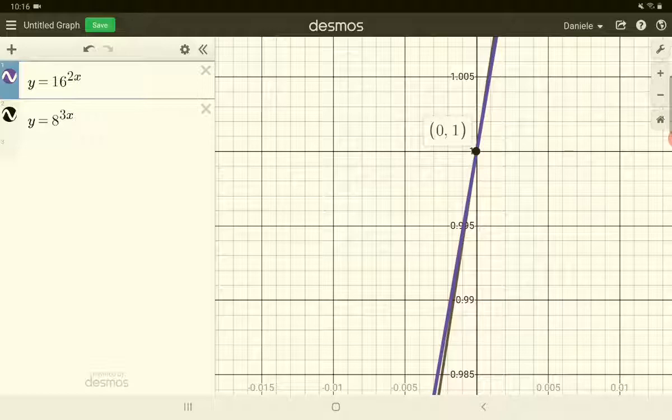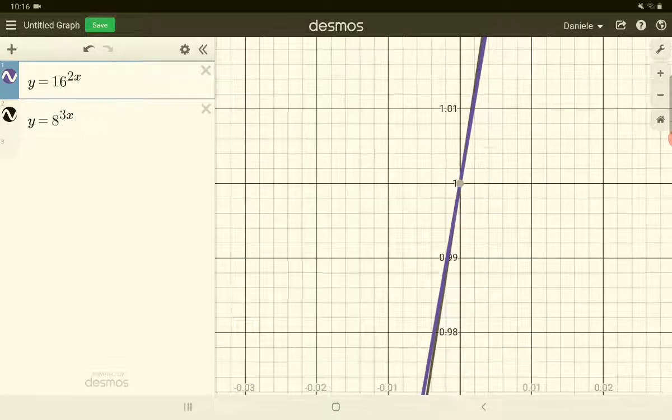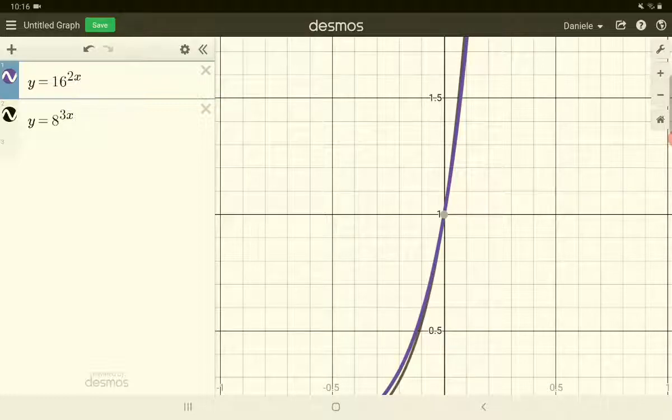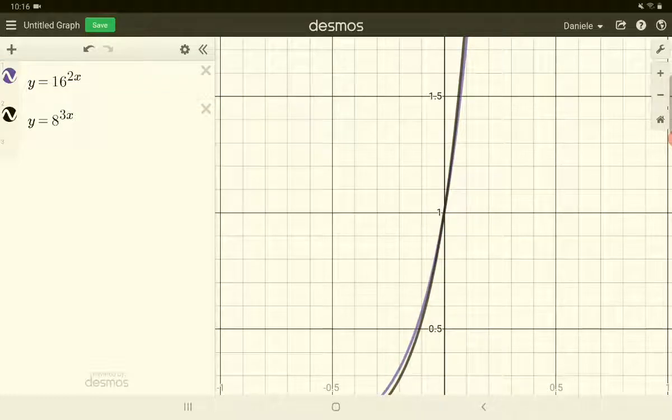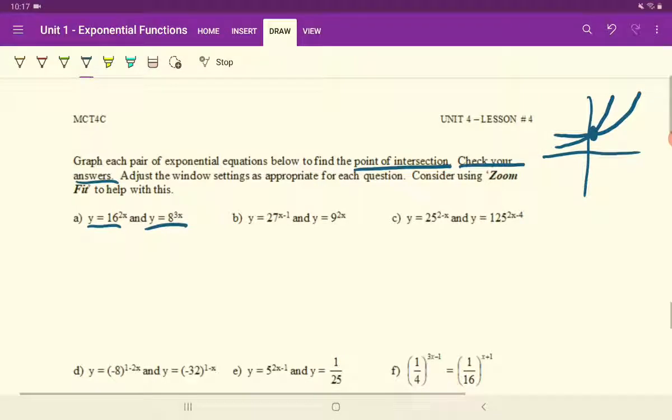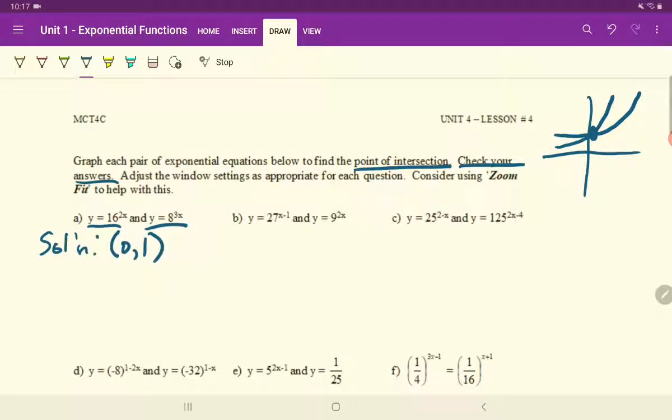Know that you can use the minus and plus buttons to zoom in and out, so you can do that fairly quickly. Desmos knows that I'm looking for the point of intersection, so it automatically snaps to it. The point of intersection, or the solution here, is 0, 1. So just write solution 0, 1.